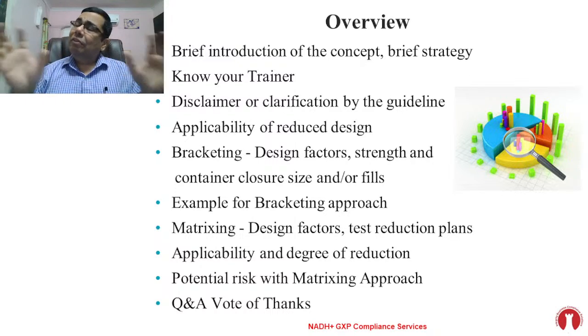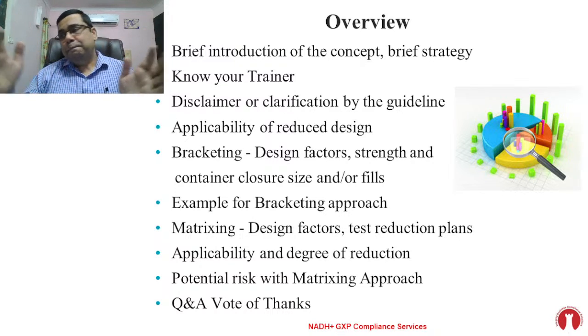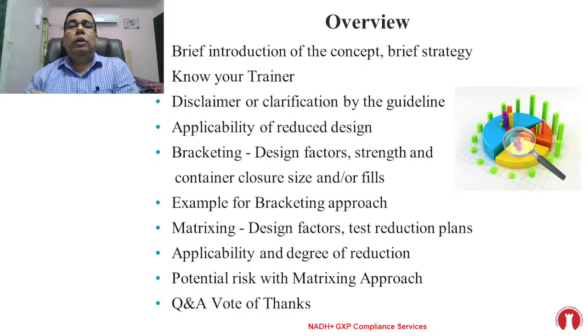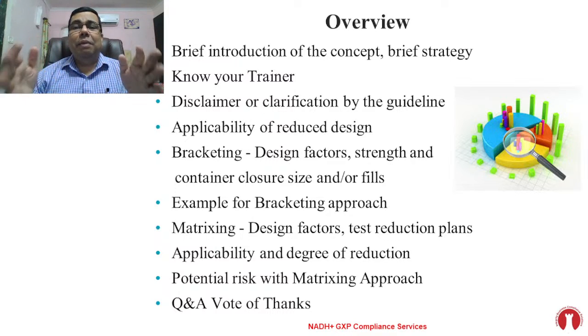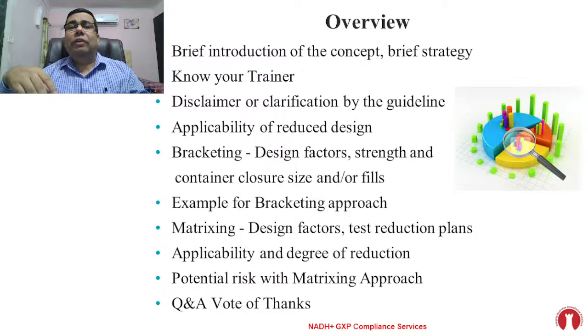We will have special discussions on bracketing and on matrixing. Under bracketing, there will be some design factors like strength and container closure size or fill, followed by a practical example of bracketing, how we can implement that and how we can put it into the stability study protocol.